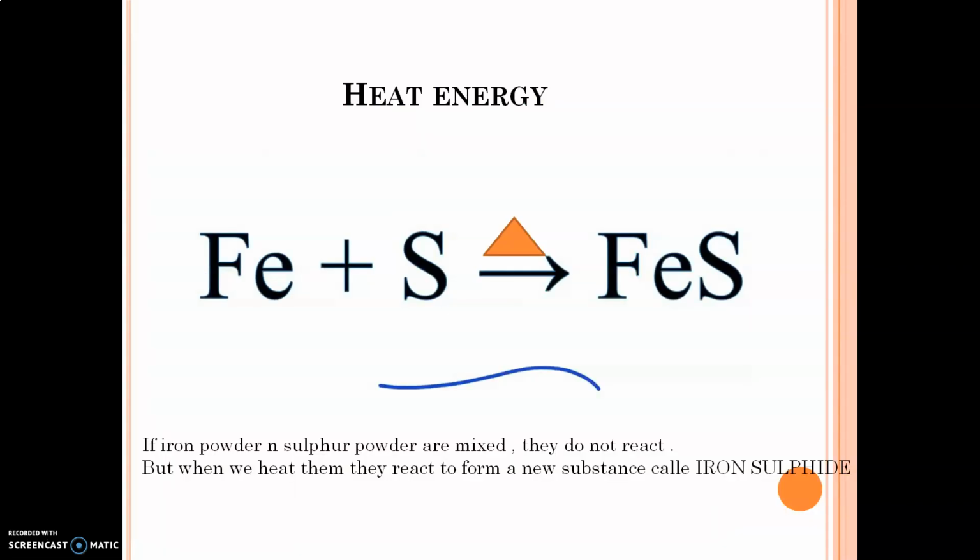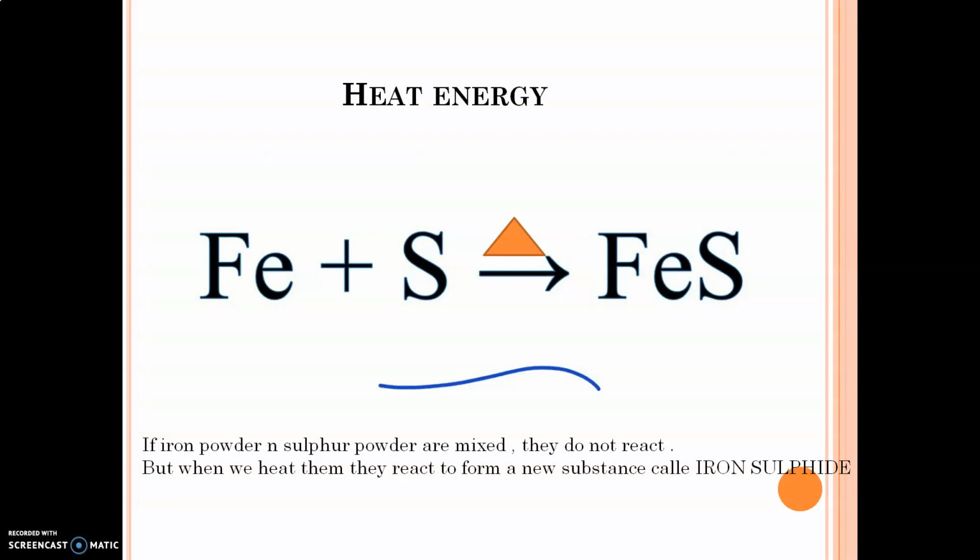Third comes heat energy. It is very important. There are certain chemical reactions that take place in the presence of heat only. If you don't provide them heat, there won't be any reaction. A very good example is of iron powder. When iron powder and sulfur powder are mixed, they do not react.